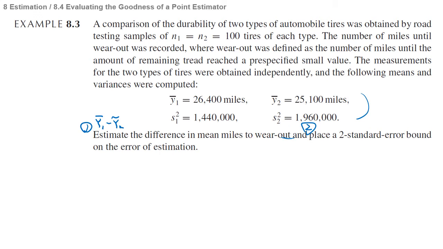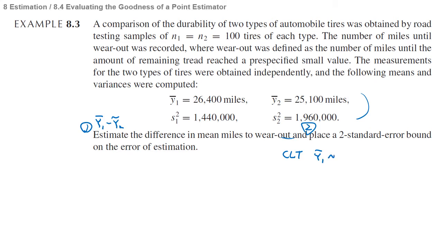The estimator for the difference in mean miles to wear out, and place a two standard error bound on the error of the estimation. To answer this, we need a distribution of Y1 bar minus Y2 bar. By using the central limit theorem, we know the distribution of Y1 bar and Y2 bar.